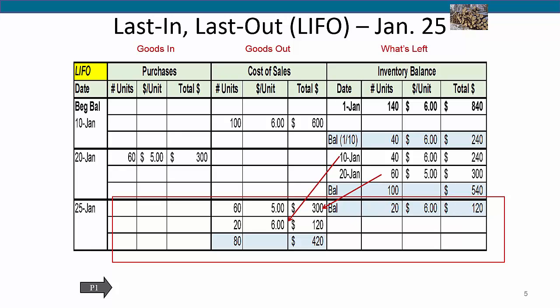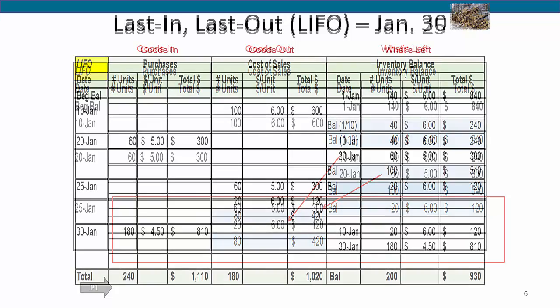And the sale leaves only 20 units in inventory, and they are all from the earliest layer, that is the January 10th purchase, with a total cost of $120. At this point, look at your notes and contrast our LIFO numbers with the FIFO numbers.